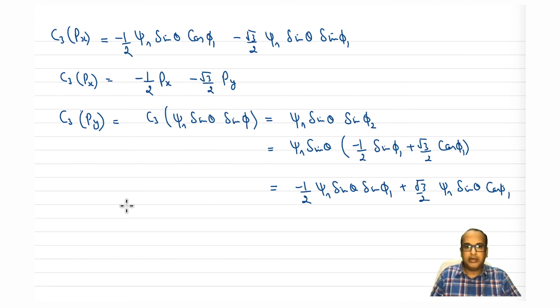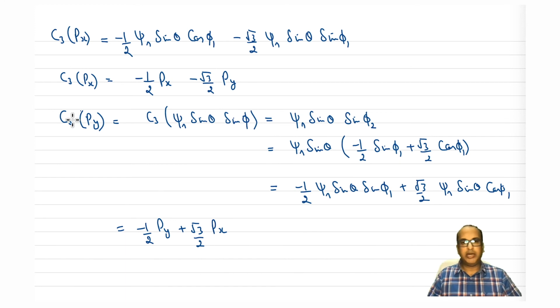And this in turn can be written as minus half Py plus root 3 by 2 Px, right? Now similarly, so this is for C3. Ideally we should also do it for C3 square, but we'll just skip it because we just want to see how the matrix is looking for the C3 operation.